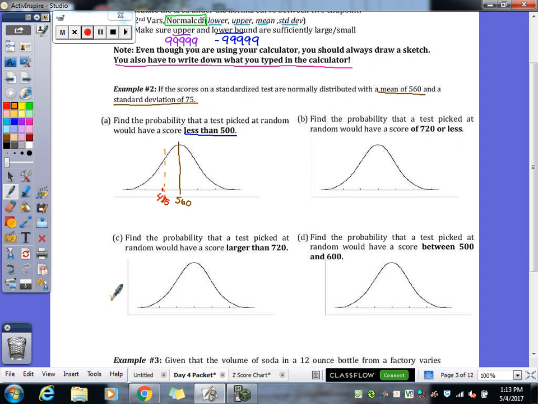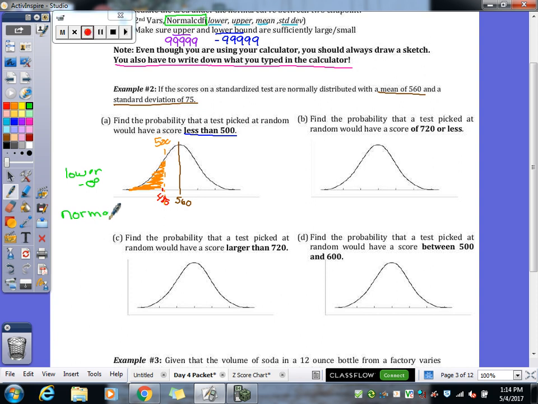It'd be in between my 560 and my 485. So my dotted line right there is 500. So we're looking for 500 or less. So we're looking to the left of our 500 value. So our lower bound for this would be what? We're looking for the less. So our lower here would be negative infinity, but we can't use that. So we're going to end up using our negative 99,999.